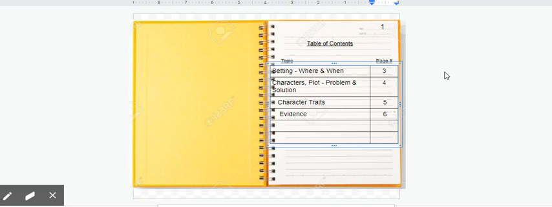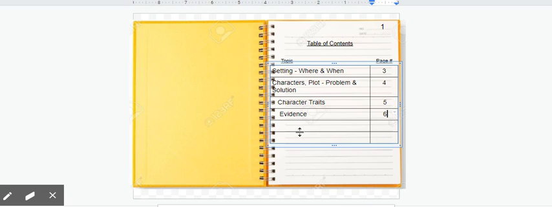So go to your table of contents, okay? And right underneath where it says characters, plot, problem, and solution, write character traits. And that's page 5. And then you can also write evidence, page 6, and I'll get to that later, okay?